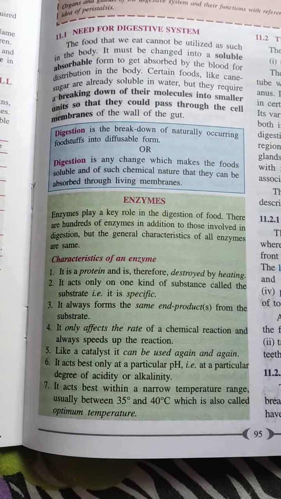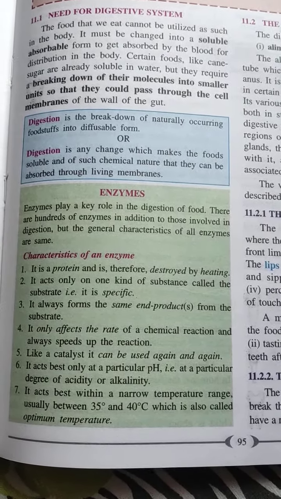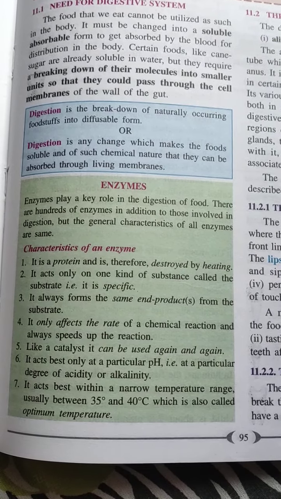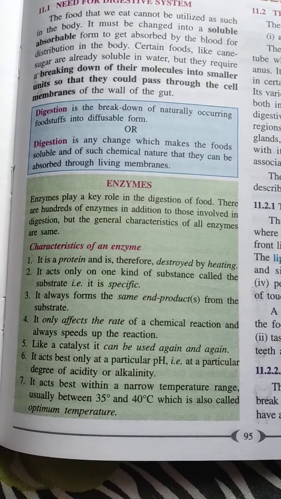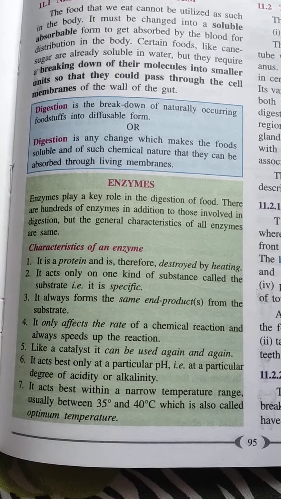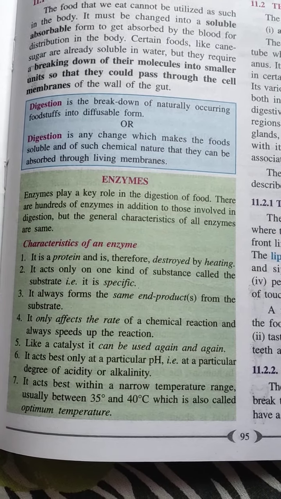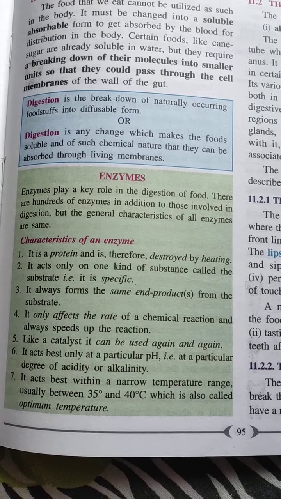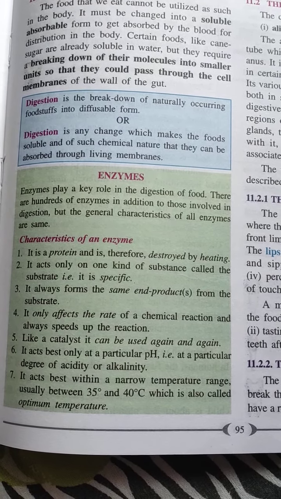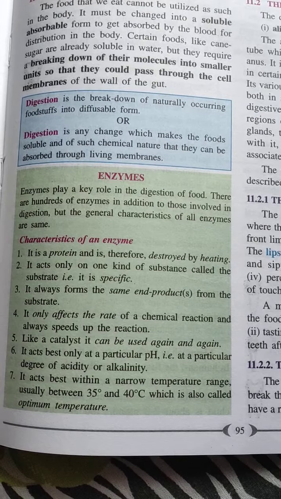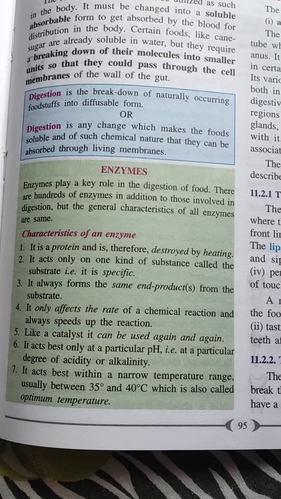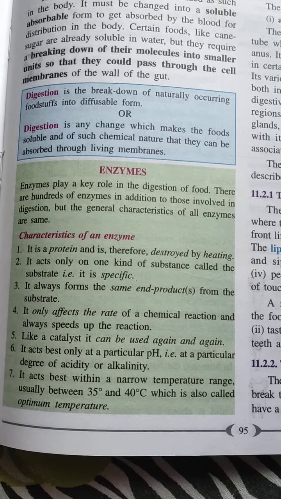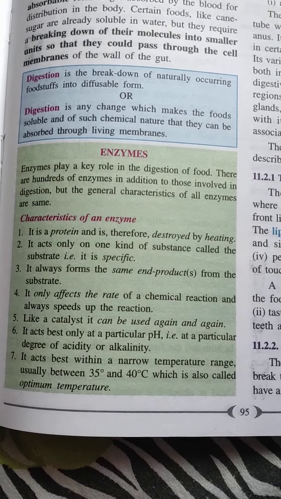Other kinds of enzymes are there, but primarily they are all proteins or peptides or amino acids, right? It always forms the same end product from the substrate. It only affects the rate of a chemical reaction and always speeds up the reaction. Like a catalyst, it can be used again and again.